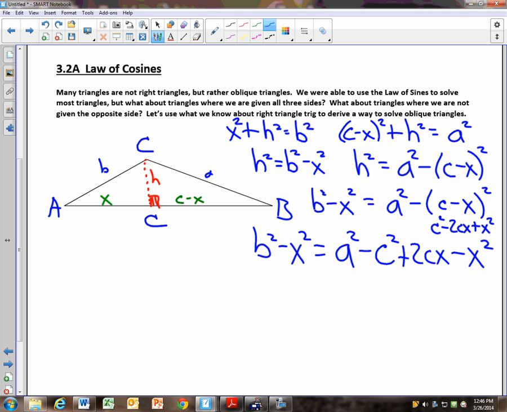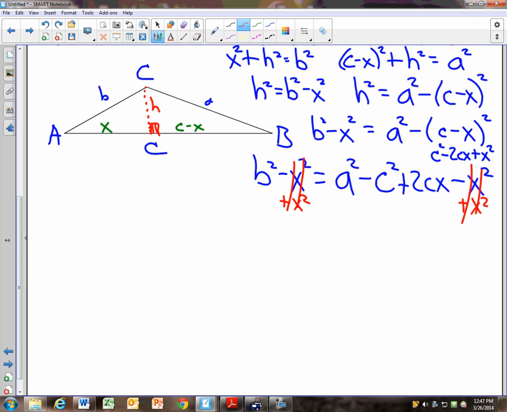So I didn't completely get rid of the x, did I? But what can I add to both sides? X squared. And when I do that, they go away. That's so nice. So I've done a little bit of work here, writing a couple things.